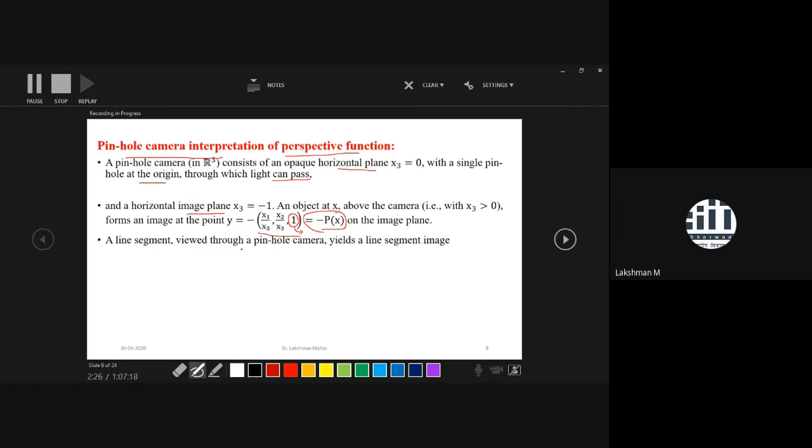If you take the image of a line segment, under this pinhole camera the image of a line segment would again be a line segment. We know that a line segment is a convex set, so it also preserves convexity, and the camera is just based on the principle of the perspective function, a mapping.